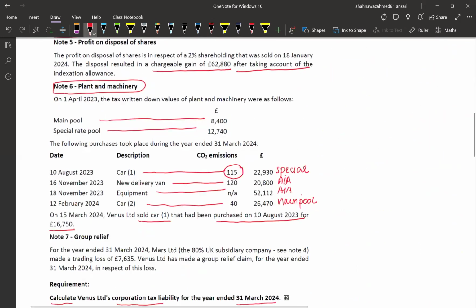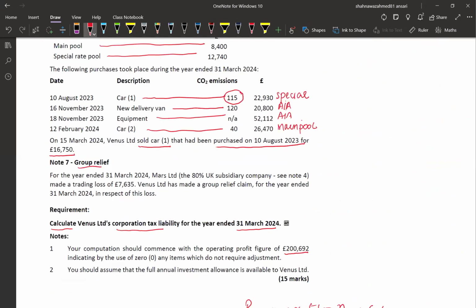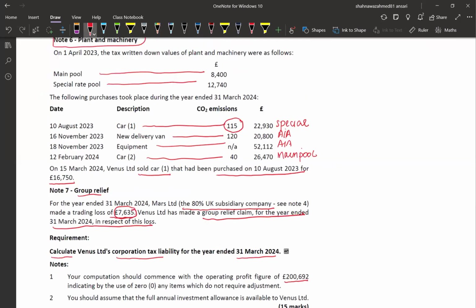Now there is a group related adjustment. Group relief for the year ended March, Mars Limited, the 80% subsidiary company, made a trading loss of 7635. Venus Limited has made a group relief claim for the year ended against this loss. So we have enough profit so that we can offset the loss of another group company, 7635.